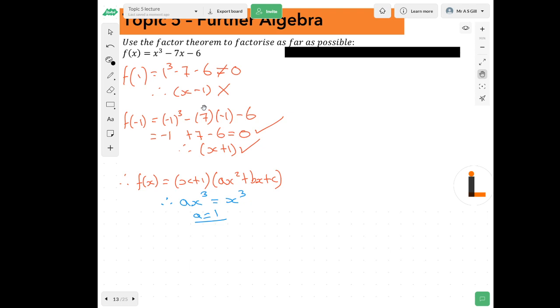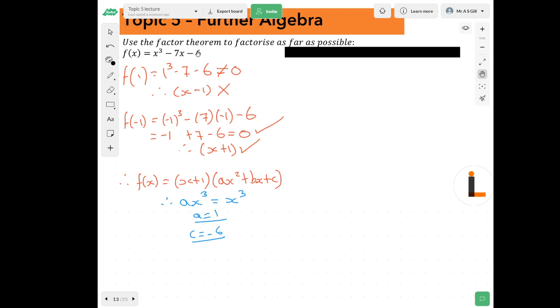We can then apply a similar logic to find c, right? The only constant term will be 1 times c when we expand this out. So we can say, well, 1c, in fact, let's just write that as c. c is equal to minus 6, it has to, because this is the only constant term in our original expression, minus 6.